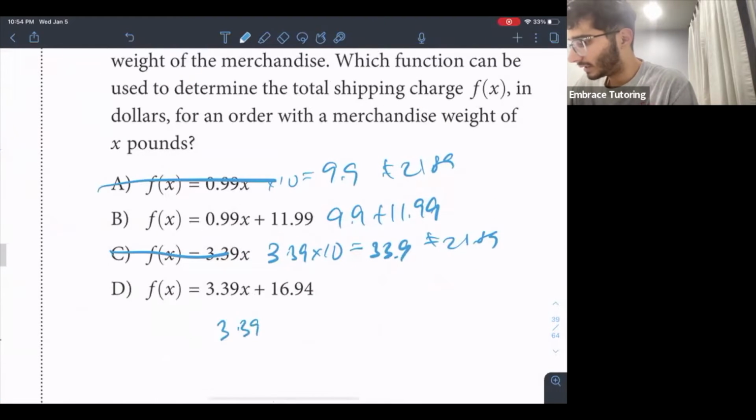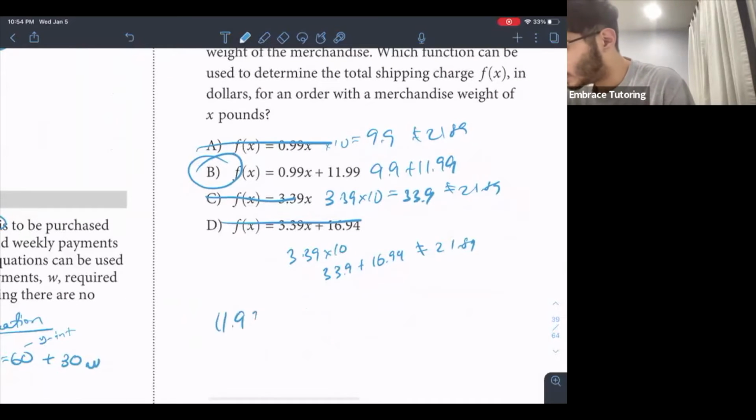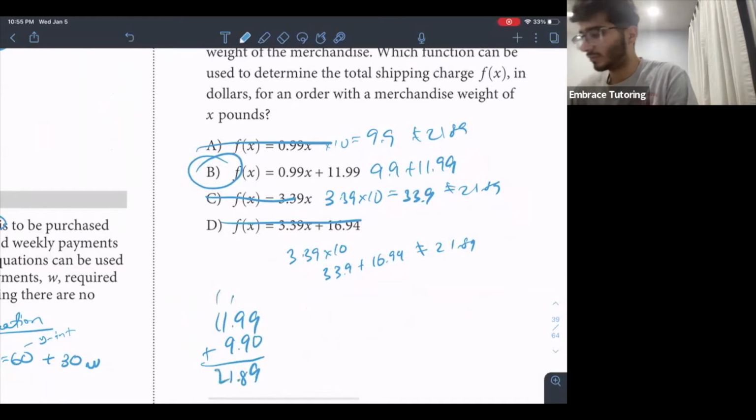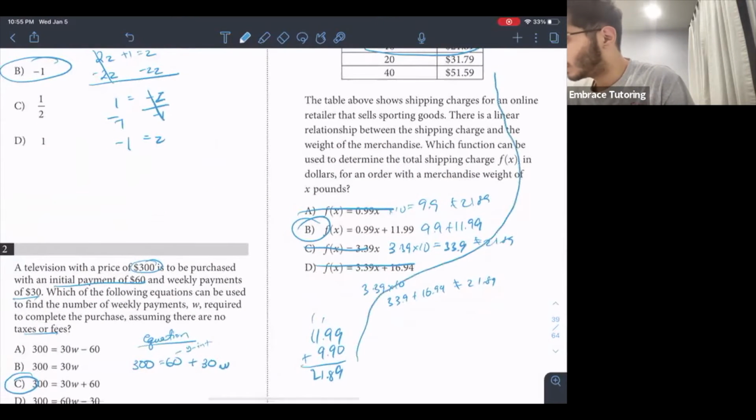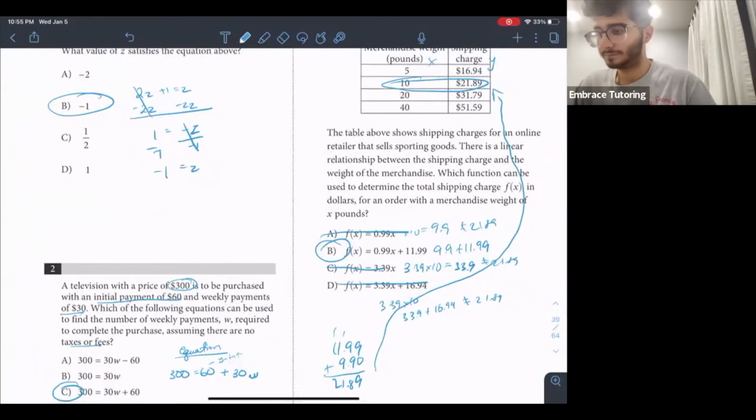And then 3.39 times 10, which is 33.9, and you're adding something to it, does not equal 21.89, so we can get rid of it. So our answer will be choice B, but let's do the calculation just to make sure. 9.9 plus 11.99 becomes 21.89, which is what the y value is. And that is our answer, choice B.